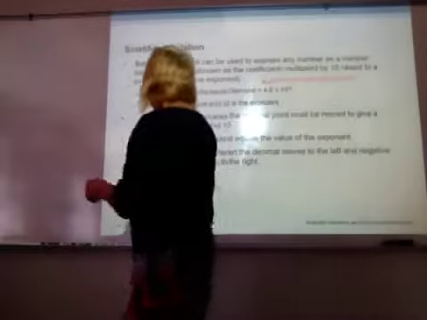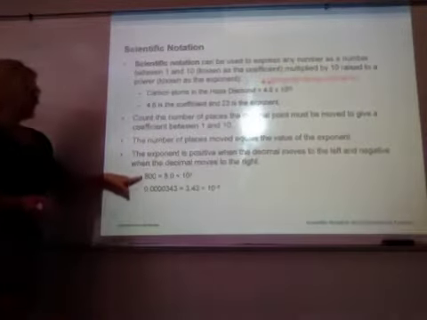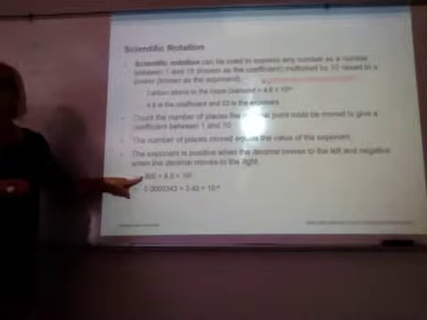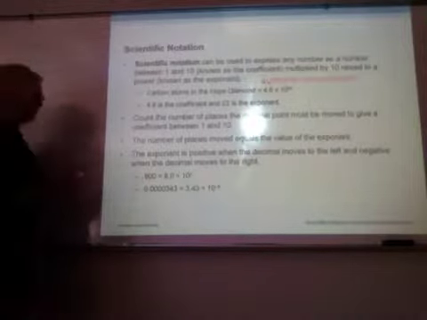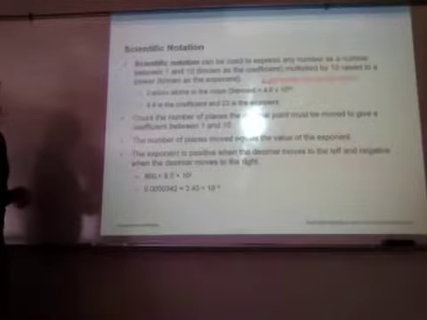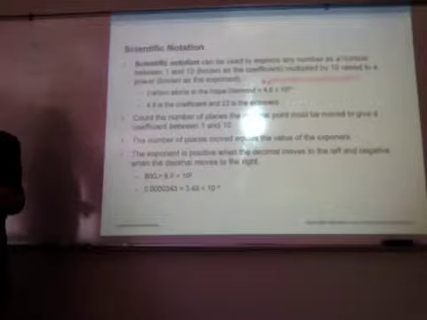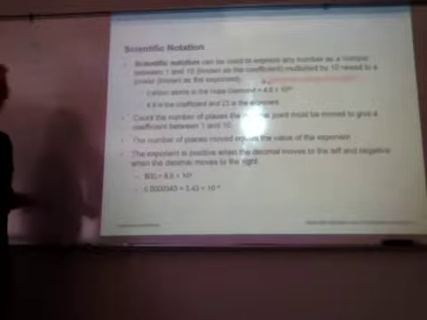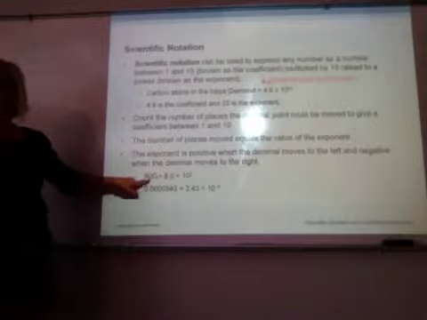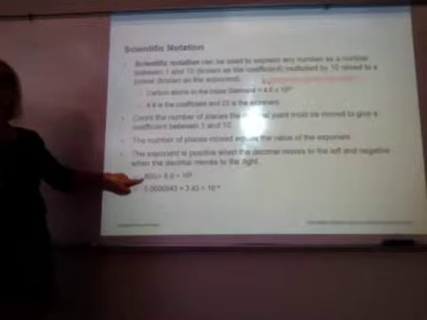So if I look at 800, right now as 800, where is my decimal place at? It's at the end of it. So if I'm going to write that in scientific notation, I always want one number. So I don't want 80 times something. I always want one number in front of my decimal.